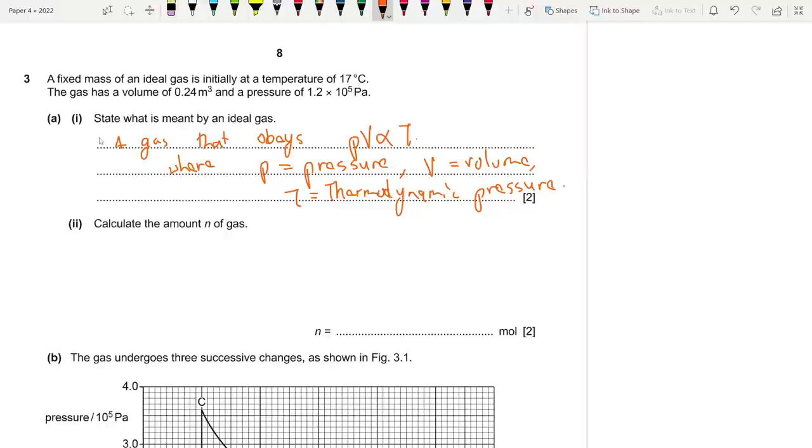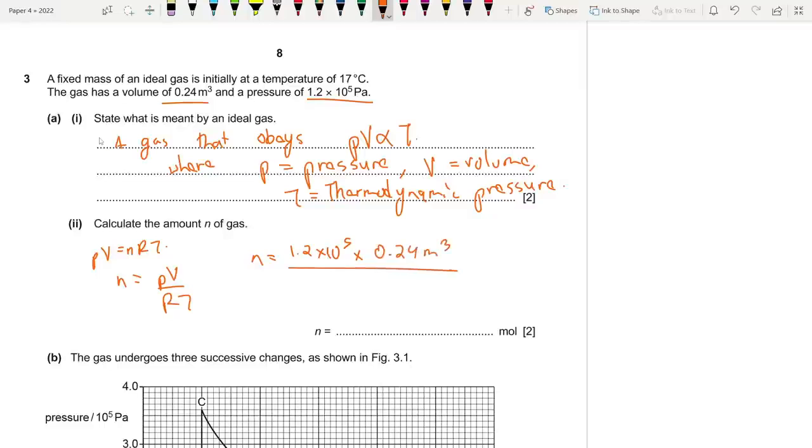Okay, so we know that PV, small p, my bad, PV equals nRT. So N is equal to PV by RT. So the value of P is already in pascals, 1.2 × 10^5. The volume is in meter cube already, so that's fine.